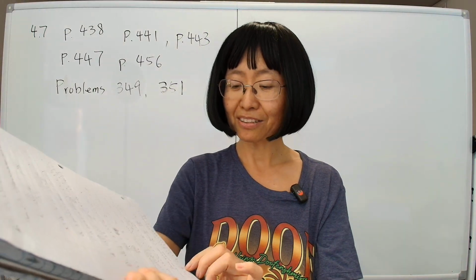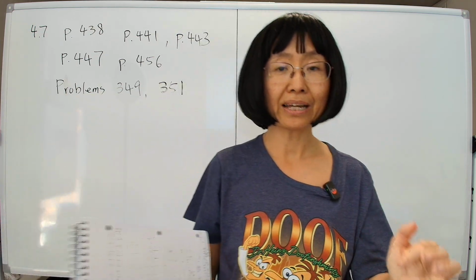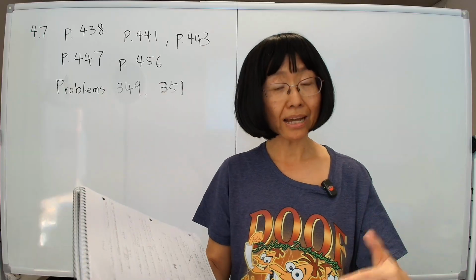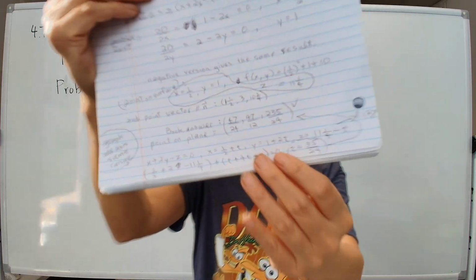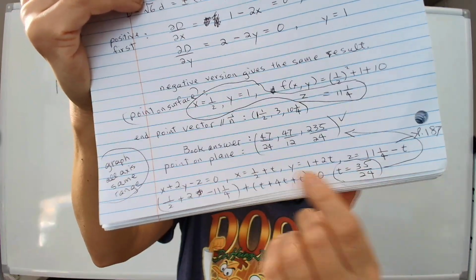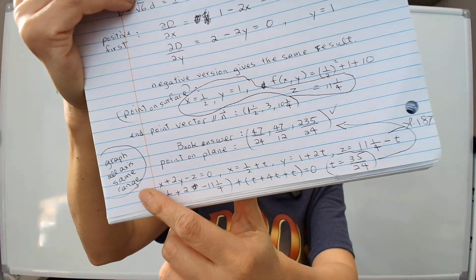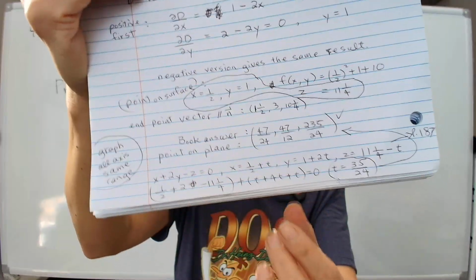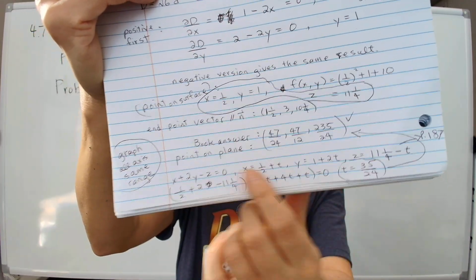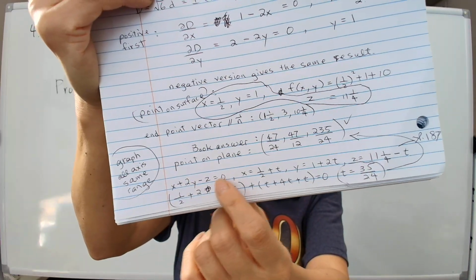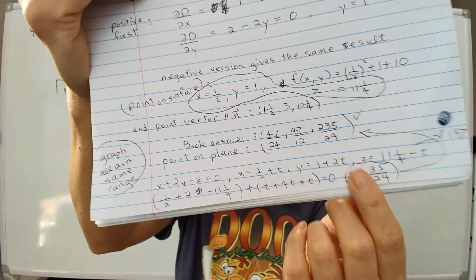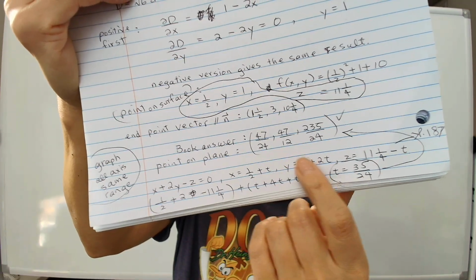The point is we need to figure out where the plane and the vector, the line, intersect. Sorry, this is not the plane, this is a line. This is where the line, the vector that we're talking about, intersects the plane. So when you plug this t into the plane equation, you come up with t equal to this number, and once that happens, these numbers will come out.